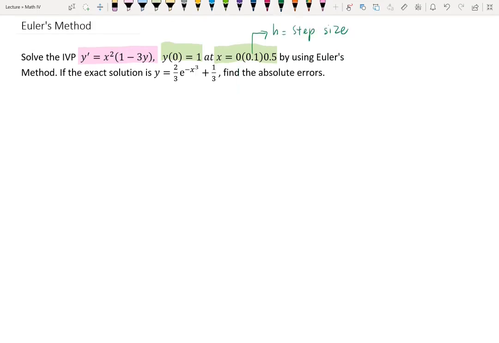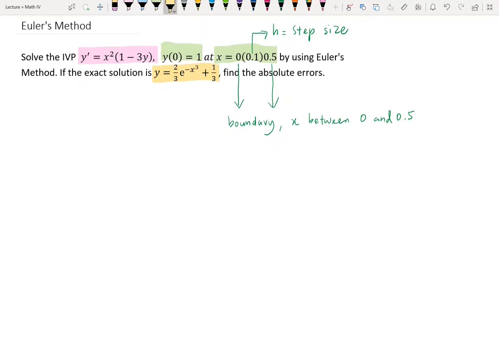Then these two values are the boundary, or we can say the range of x values. So for these questions, the x value to consider is between 0 and 0.5. Okay, this is the boundary, x between 0 and 0.5. Then the equation of the exact solution is provided as well. So this is the equation for the exact solution of y.